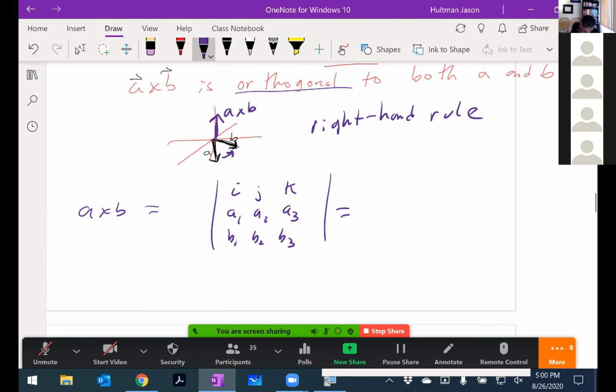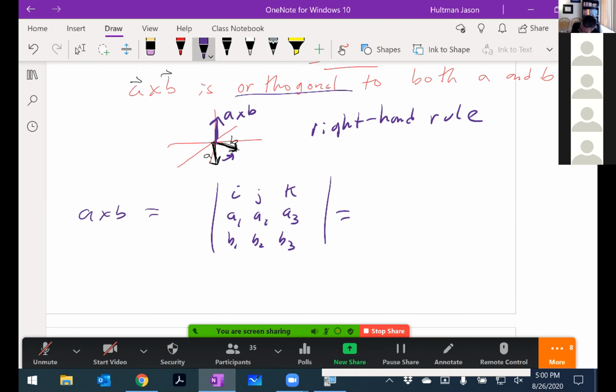Okay, to find the I term, we cross off the first row and the first column, and we say that this is going to be the determinant of A2, A3, B2, B3, times I. These are called the minors or the cofactors. Minus, remember it goes plus, minus, plus when you do matrices, right?